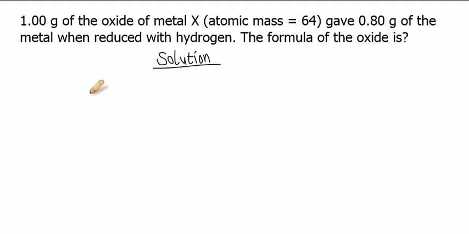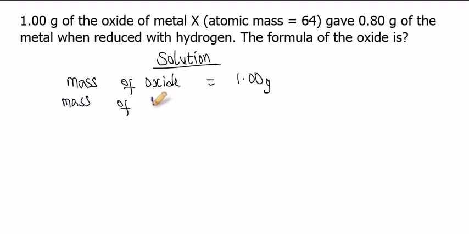So let's start. Mass of oxide equals 1.00 grams, and the mass of the metal, given to be X, equals 0.80 grams.